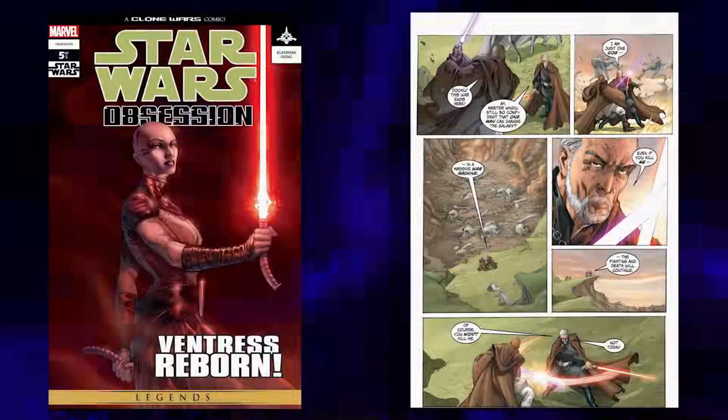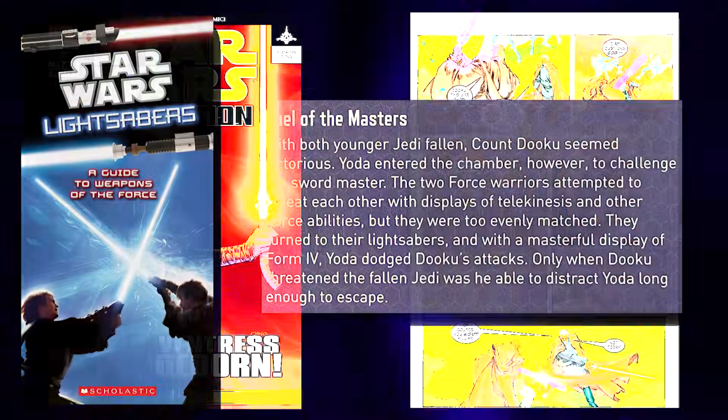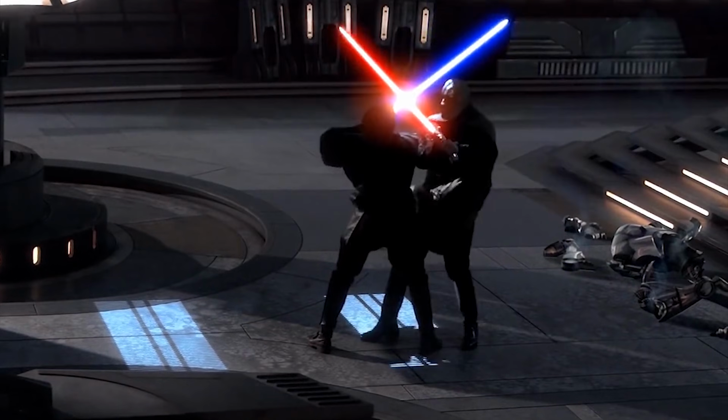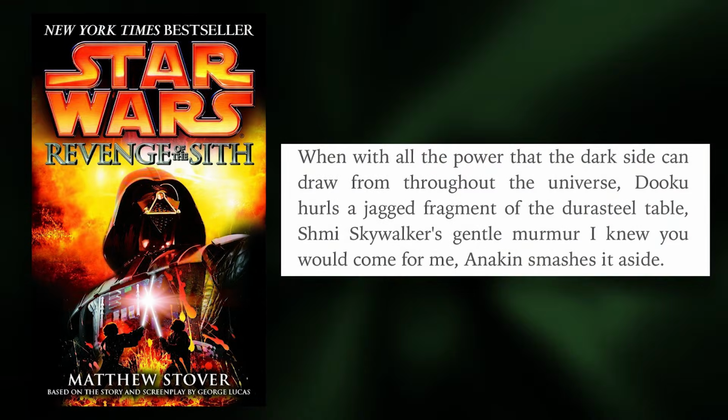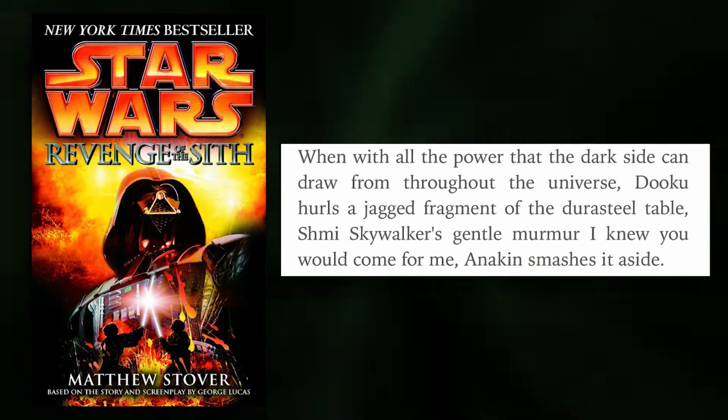Count Dooku, a character with consistent scaling to the top tiers of the prequel-era Jedi, was stated numerous times throughout the Revenge of the Sith novelization to possess universal levels of aptitude with the Force.